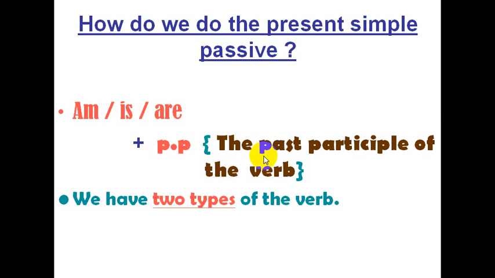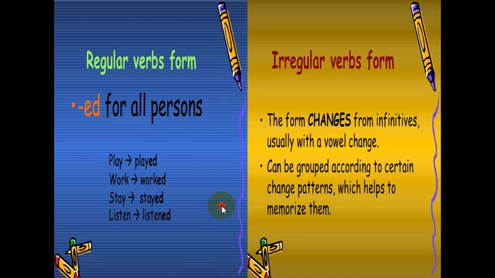Let us see. We have regular verbs form and irregular verbs form. For regular verbs form, we just add ed for all persons. Persons here I mean he, she, it, I, we, you, they.